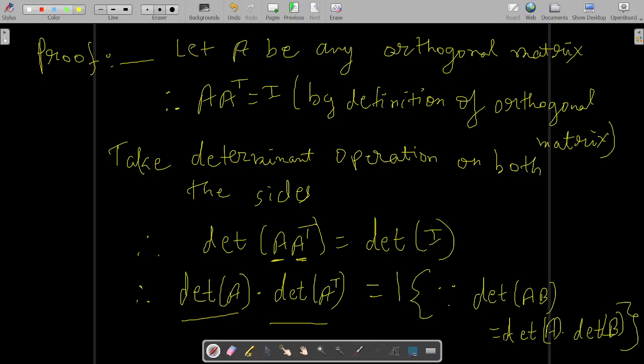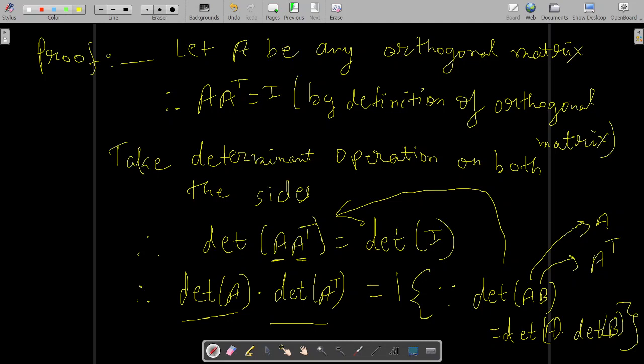So in the place of B there is A transpose, and at the place of A, A is there.